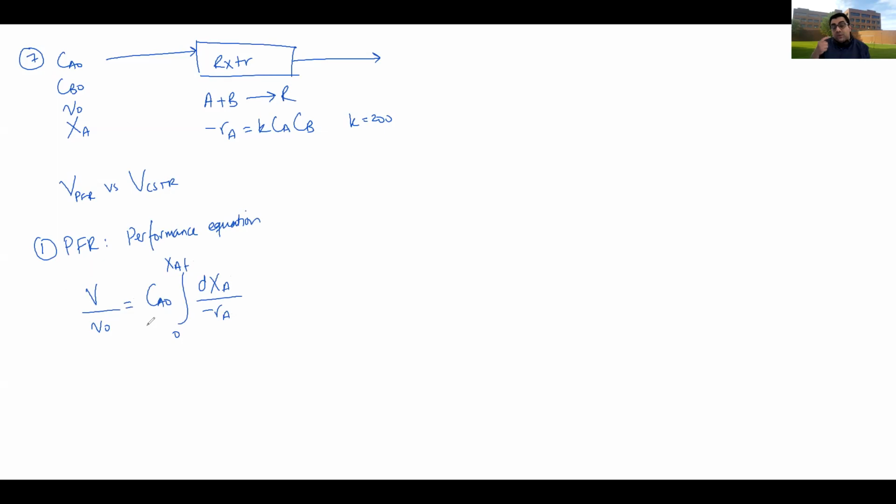If you recall from last week's slide, we did a similar type of integration for case 2, a second order reversible reaction. And this is what this is, a second order reversible reaction.